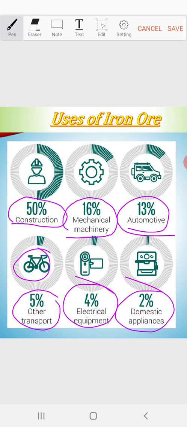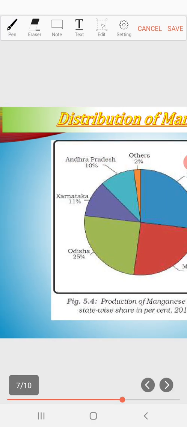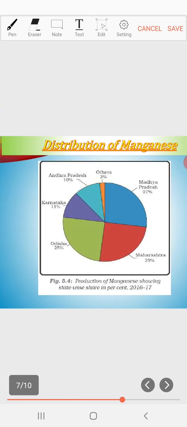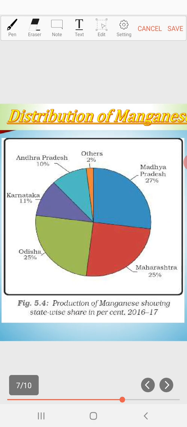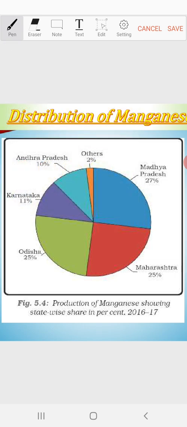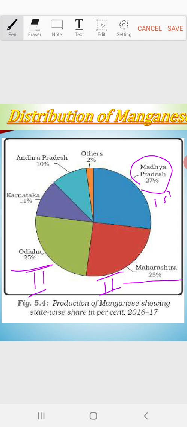Now let us move to the next ferrous mineral, that is manganese. Quickly look into the distribution of manganese. The leading producer is Madhya Pradesh, the first state. Then comes Maharashtra, the second state. Then comes Odisha, also second because the percentage is the same, 25%.